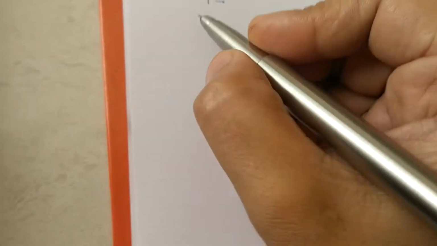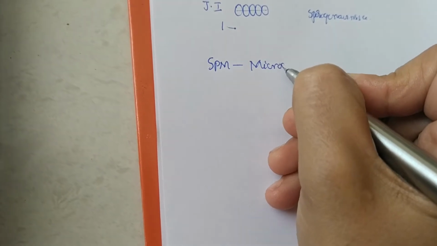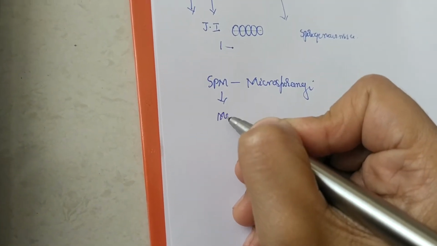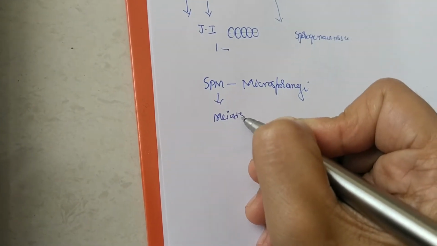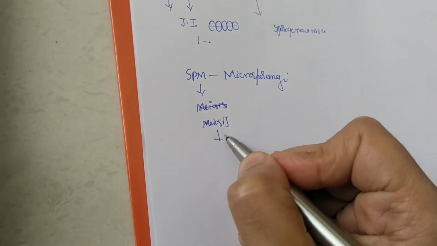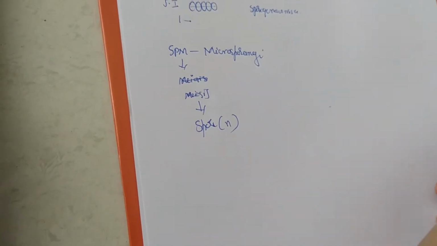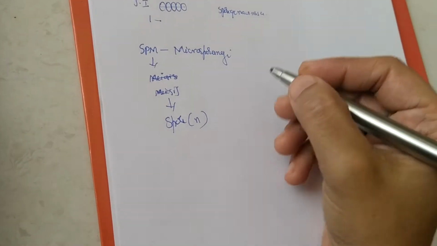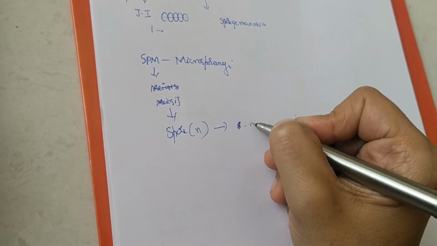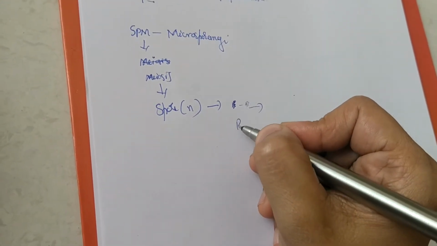Next, in case of microsporangia, these spore mother cells will undergo meiotic division, leading to formation of spores which are haploid in nature. Now the spores are ready to be released or dispersed by wind.